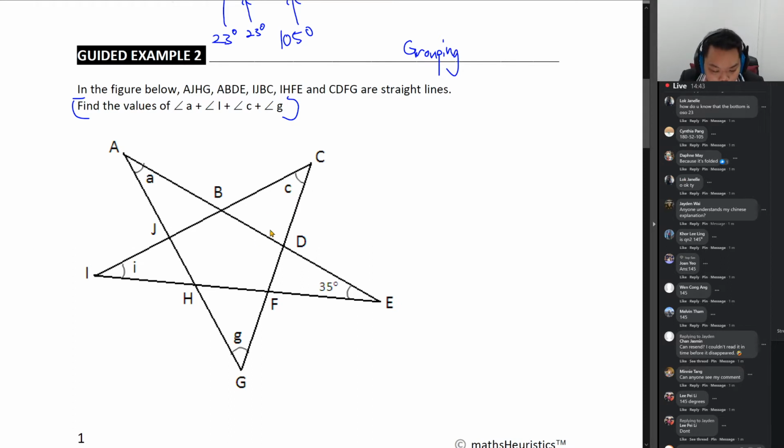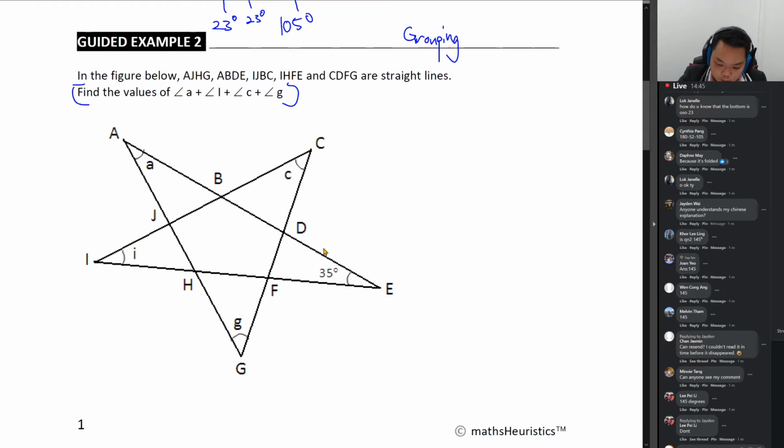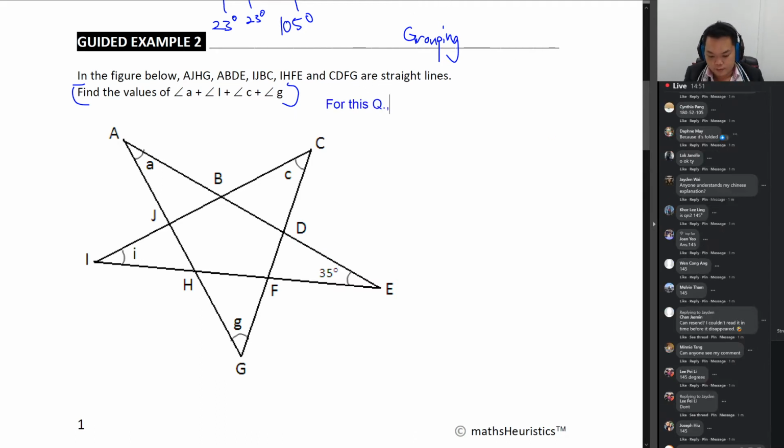Okay, so to deal with this, for this question, it's not possible to find the individual angles, because there is not enough information.